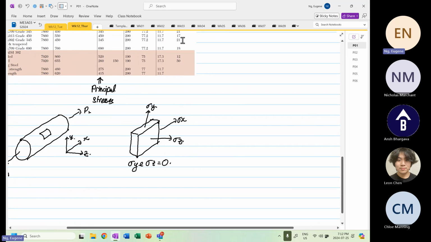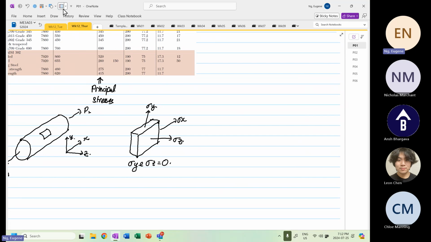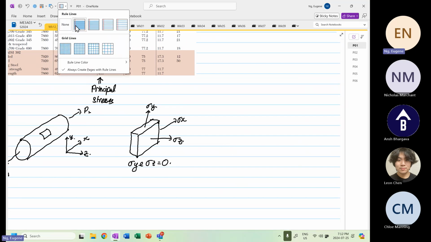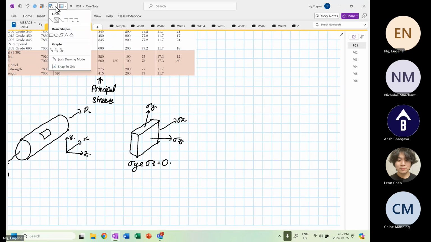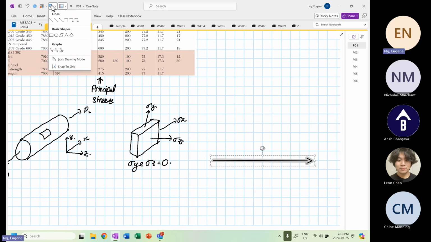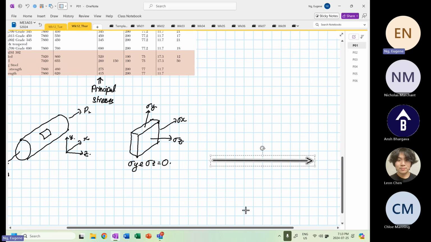So now if we were to construct the 3D Mohr's circle, right? Let me get into a different mode. So this is our normal stress, and it's in tension, and this is our shearing stress.